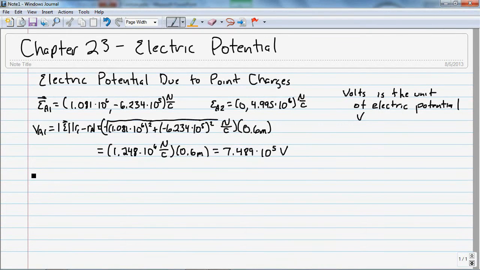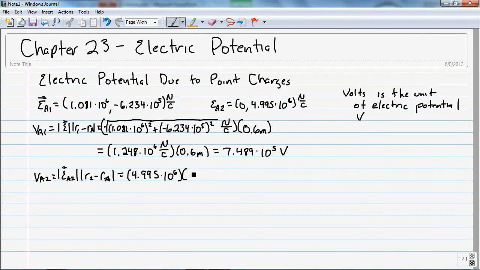Okay. Now I'm going to do the voltage due to charge 2, and that's going to be the electric field magnitude times the distance. Well, the magnitude is easy because you have a 0 here, so it's going to be 4.995 times 10 to the 6th.